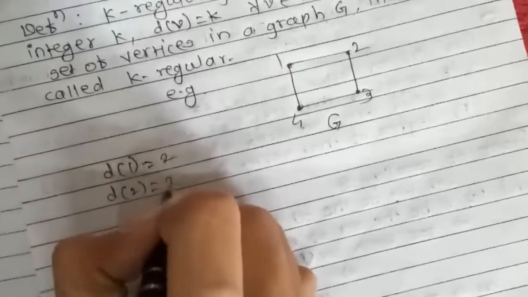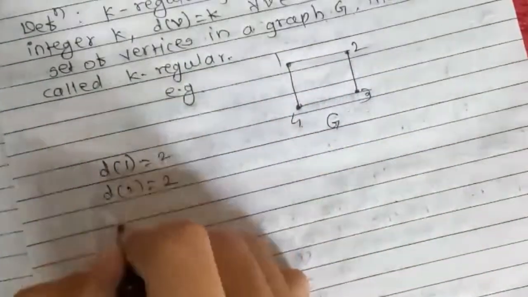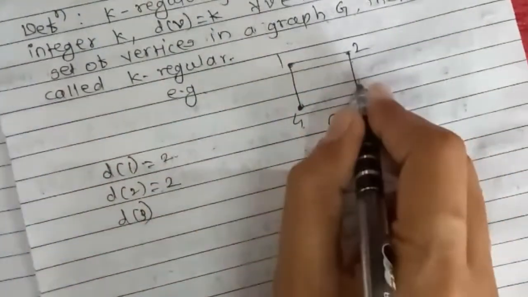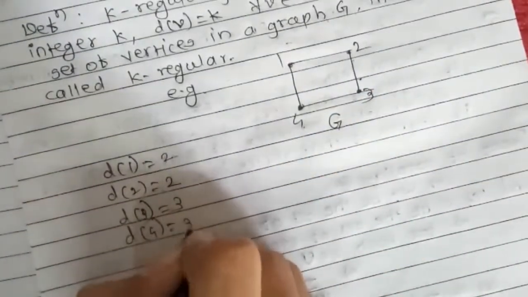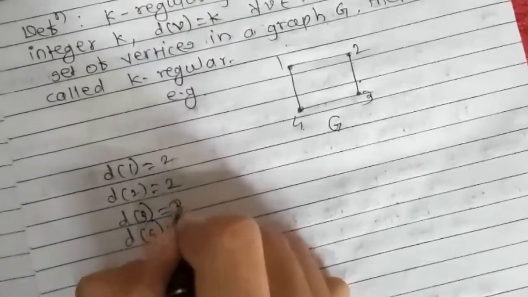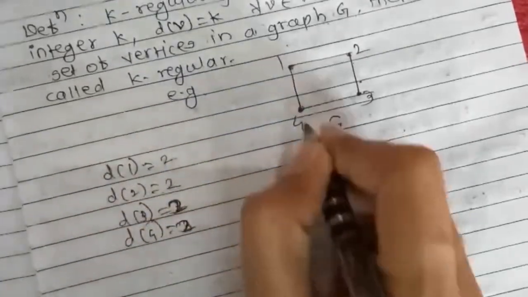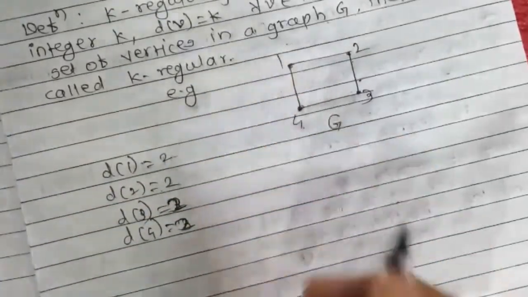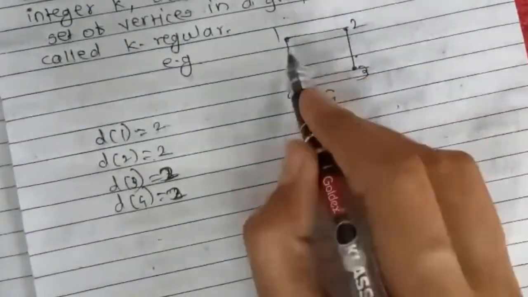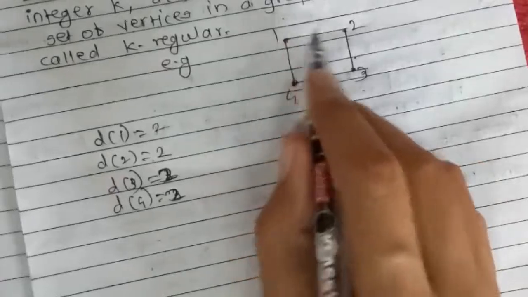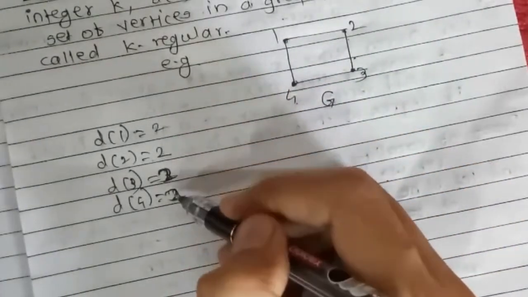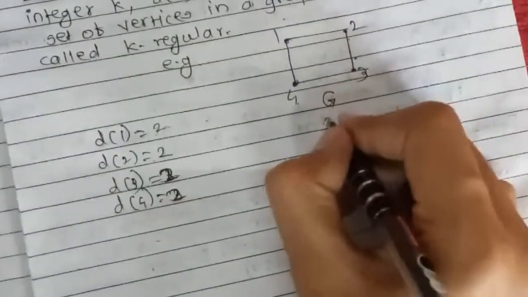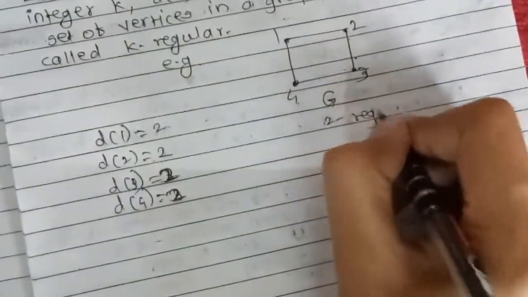Degree of 2 is also 2 here, and degree of 3 is also 2, and degree of 4 is also 2, right? Here if we observe, the graph has 4 vertices and every vertex of G has the same degree. Here 2, 2, 2, 2. Therefore this graph is a 2-regular graph.